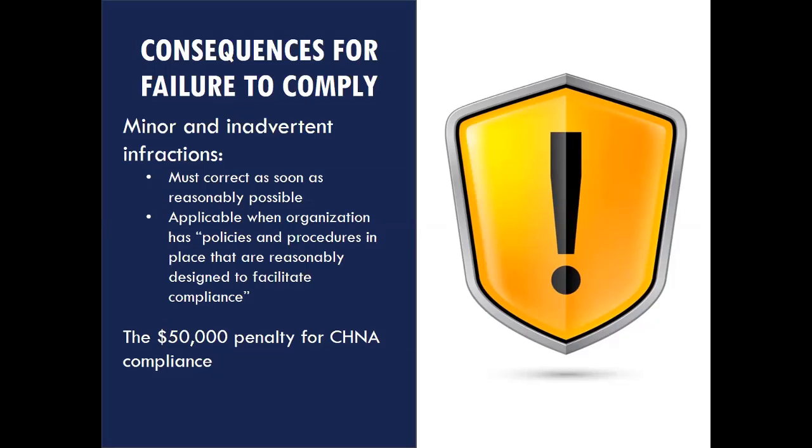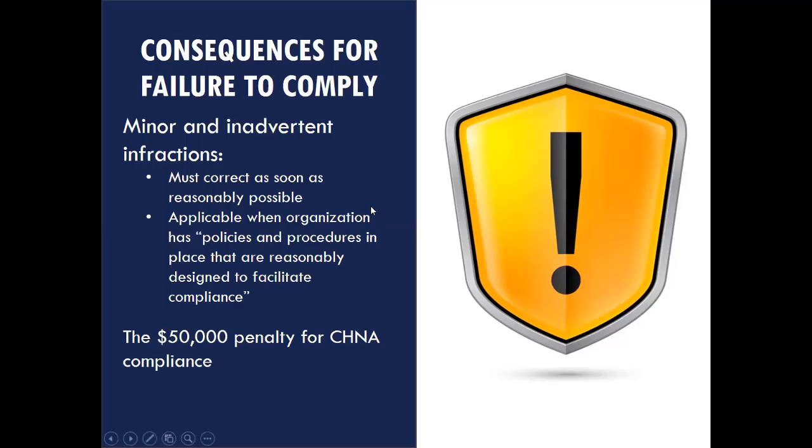So I mentioned earlier that the IRS did come out with some safeguards against minor errors, in situations where maybe you just had something minor happen with respect to your community health needs assessment or the other factors that are required, and will they actually revoke tax exempt status in these situations?